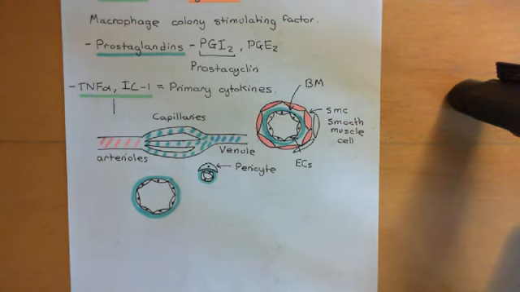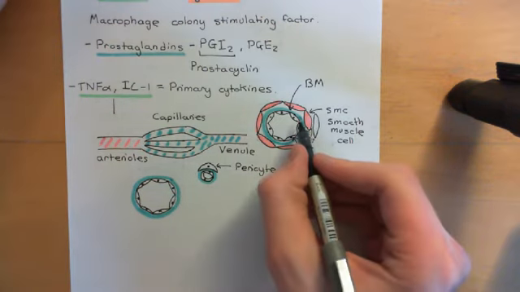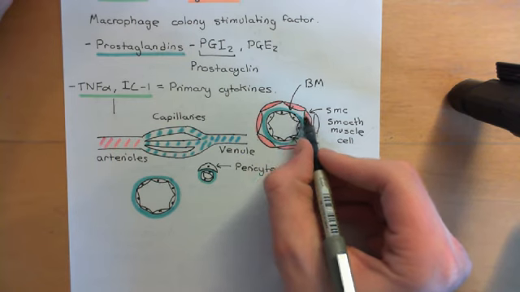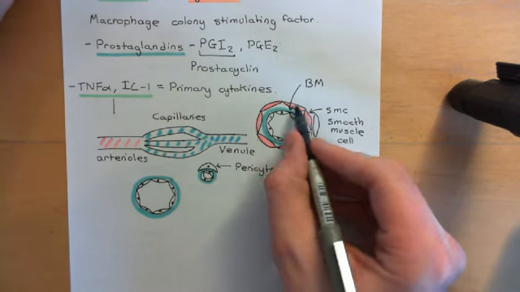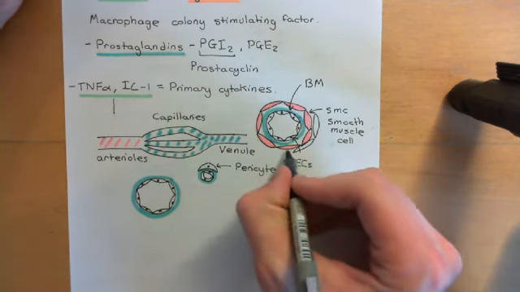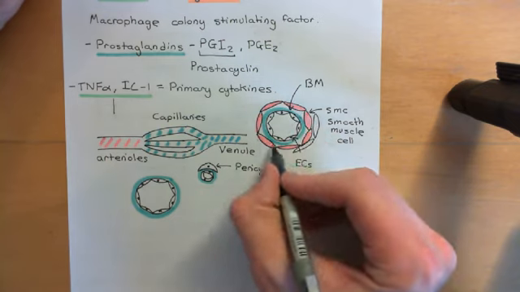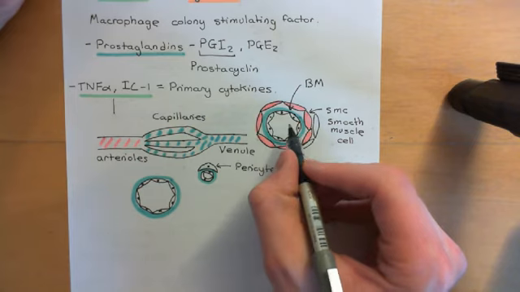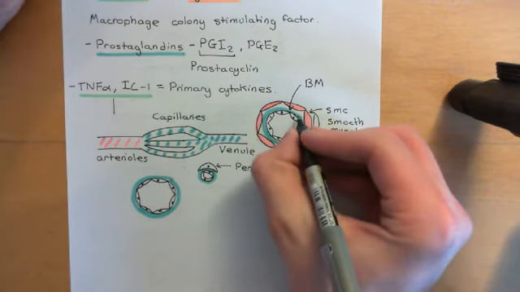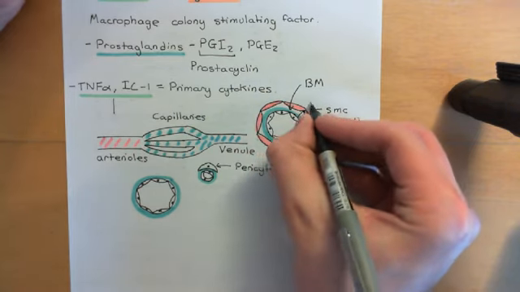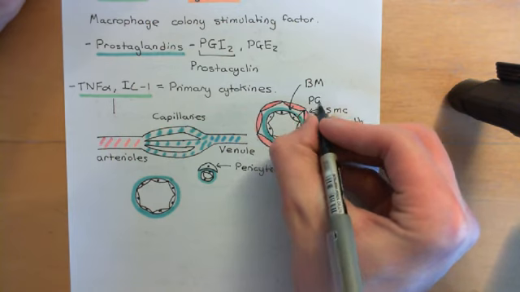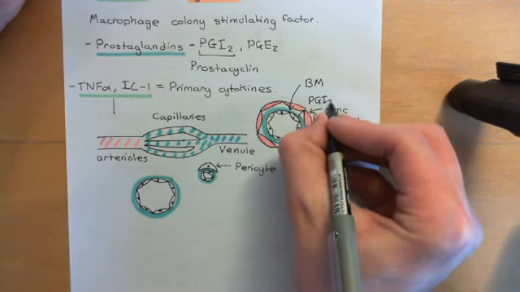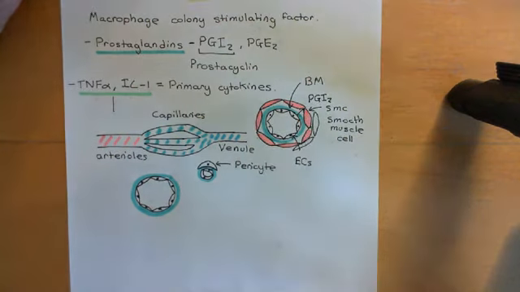Basically what this is going to induce is communication between the endothelial cells and the smooth muscle cells that causes the relaxation of these smooth muscle cells surrounding the arterioles. Specifically, it causes the endothelial cells to start producing loads of prostacyclin, prostaglandin I2. And this prostaglandin I2 is what causes the vascular smooth muscle cells to relax.